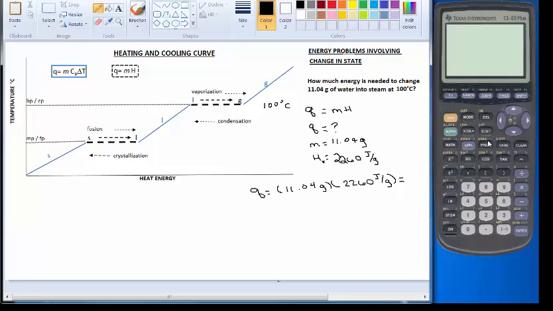If we plug this information into our calculator, we would say 11.04 times 2,260, and our answer is 24,950.4.